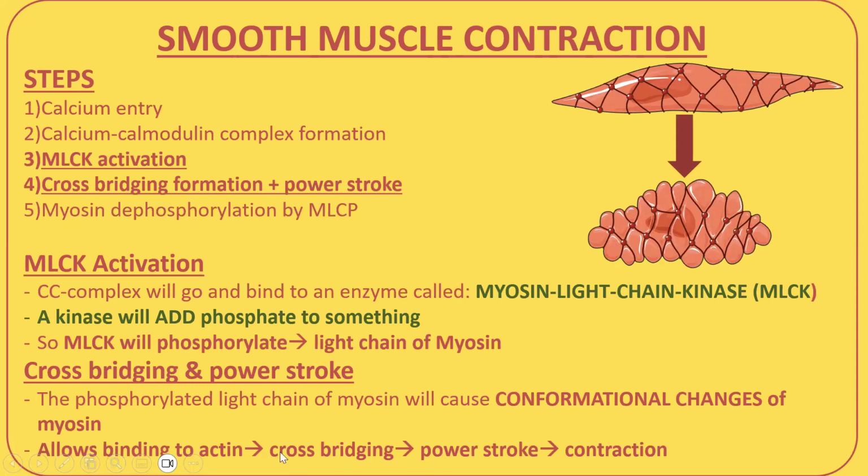This bit is the same exact thing that we talked about in skeletal muscle. It's only the prior steps that differ. In skeletal muscle, calcium just bound to troponin. In this case, calcium binds to calmodulin and activates a kinase, which phosphorylates the myosin light chain and causes the cross bridging and the power stroke.